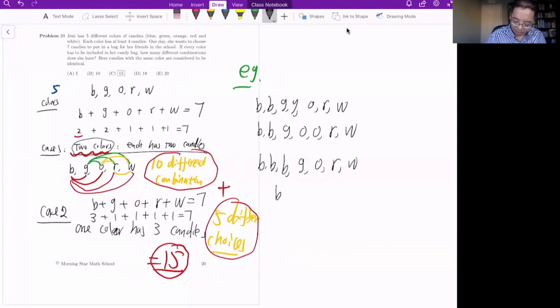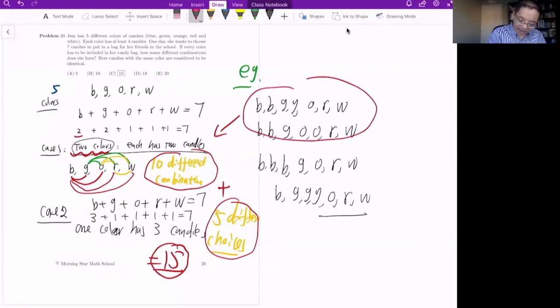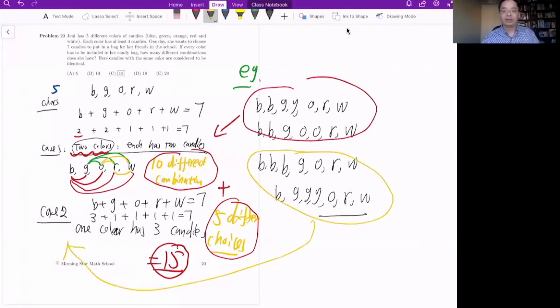Or I can do 1 blue, 3 green, 1 orange, 1 red, and 1 white. These first two belong to case 1, and these last two belong to case 2. So in total it is 15. All right, that's all, and have a nice weekend.